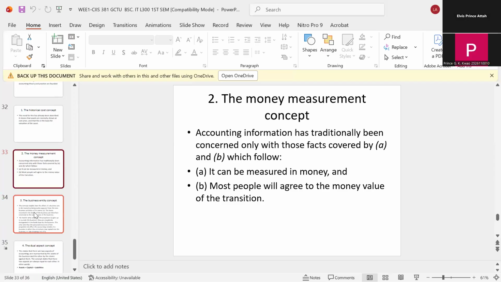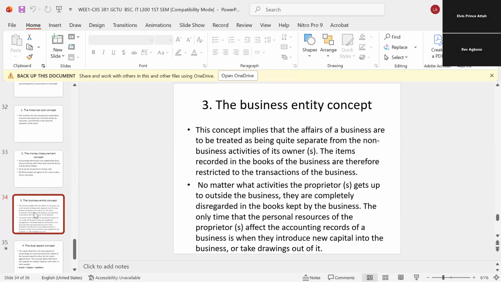Yes. Now, when we talk about the business entity concept, this concept only means that every business is separated from the owner. The business is also a legal person that can be sued and can also sue. So, for instance, if you have a business, the business is not you, and you are not the business.